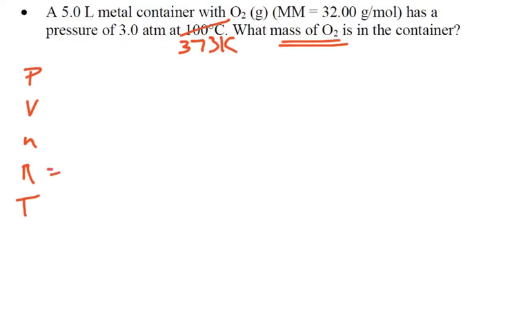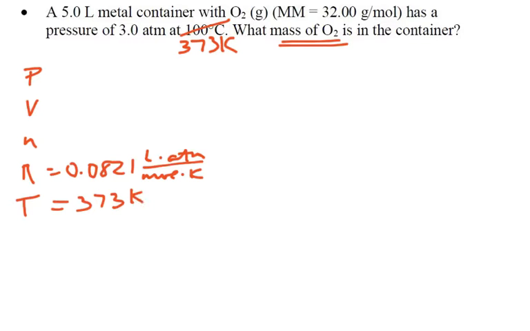We know R is 0.0821 liter atmospheres per mole Kelvin, temperature is 373, volume is 5 liters, already in liters, and pressure is 3 atmospheres, already in atmospheres.